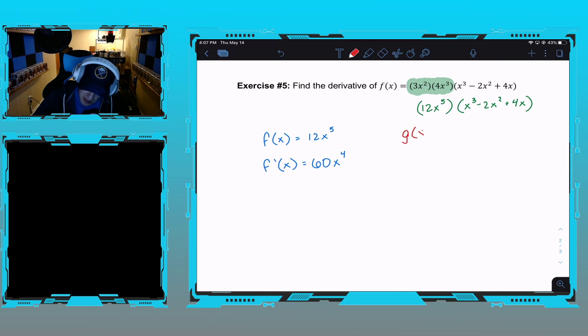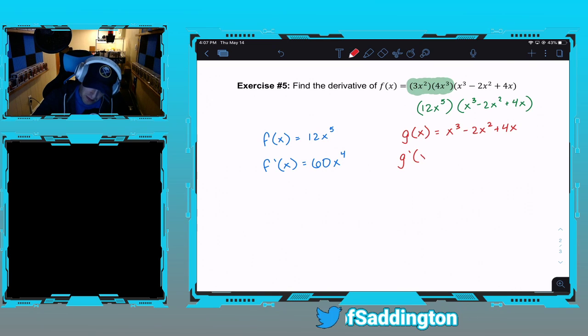Now I'm going to do the second part. I'm going to have x cubed minus 2x squared plus 4x. If I go to do the derivative of this, it looks like I'm going to have 3x squared minus 4x plus 4.